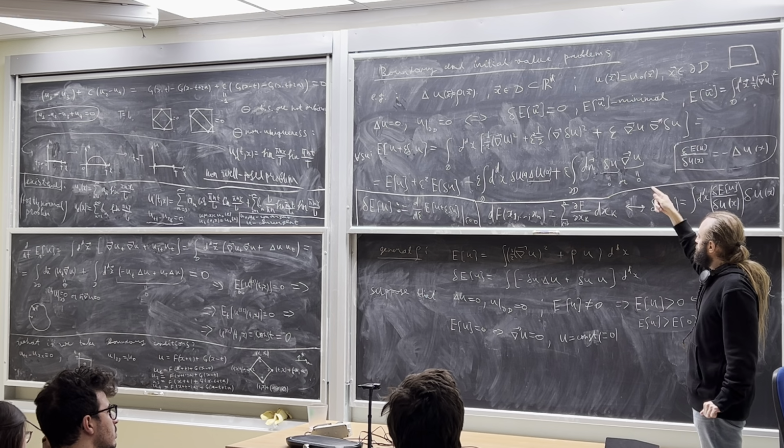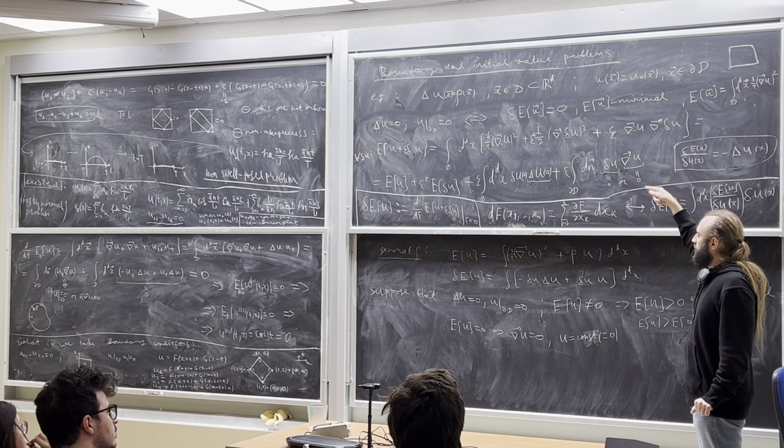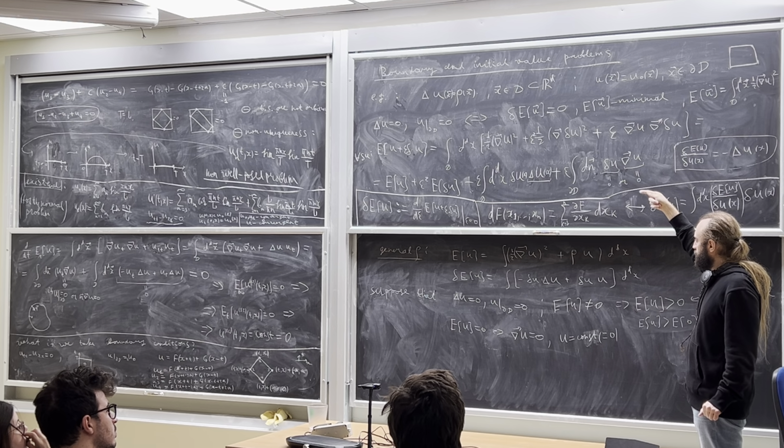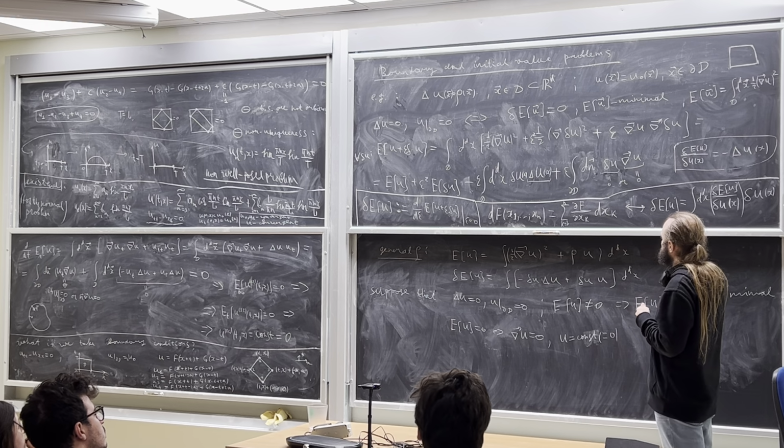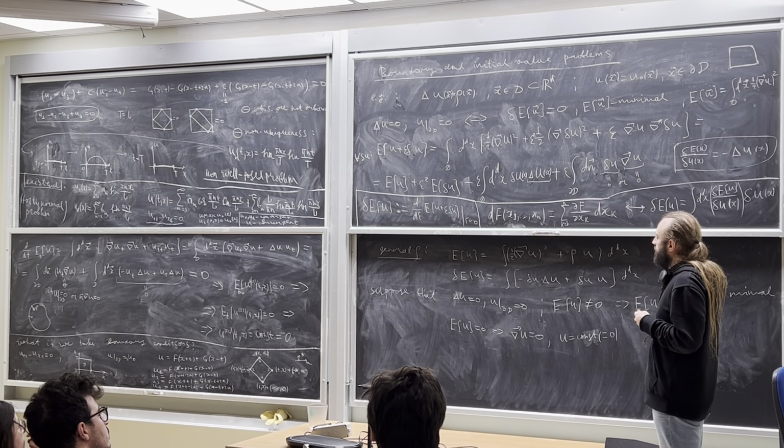But the advantage of this method is that it can be easily extended to the case of the Helmholtz equation. Namely, we just need to add another term, n squared u squared, to this energy functional, and everything works absolutely the same. So there is this small advantage.